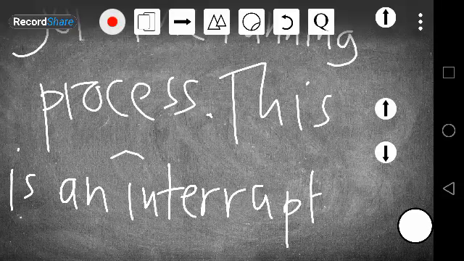Maybe you don't want your boss to see that you're playing games, and you just press the Windows button, and this page pops up. So a program was executing and you requested for another thing to happen. So you've actually generated an interrupt to the CPU. Okay? So basically that's the logic behind an interrupt.